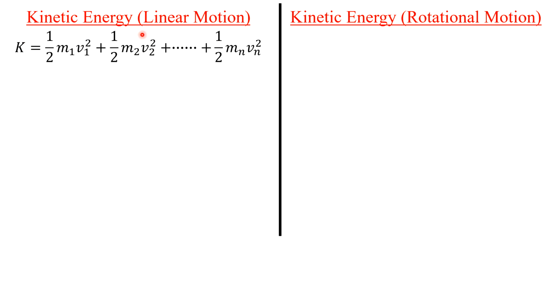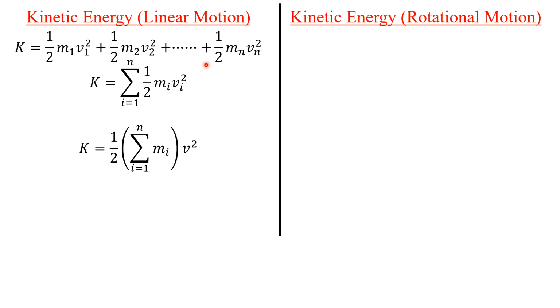Now because we have a linear motion, every particle will have same linear velocity and therefore we get K is equal to 1/2 summation mi into v square, and the summation mi represents mass of the body. So therefore K is equal to 1/2 mv square. This is the kinetic energy for linear motion.